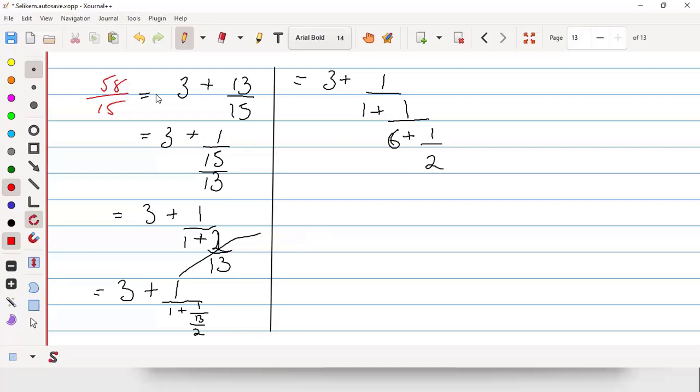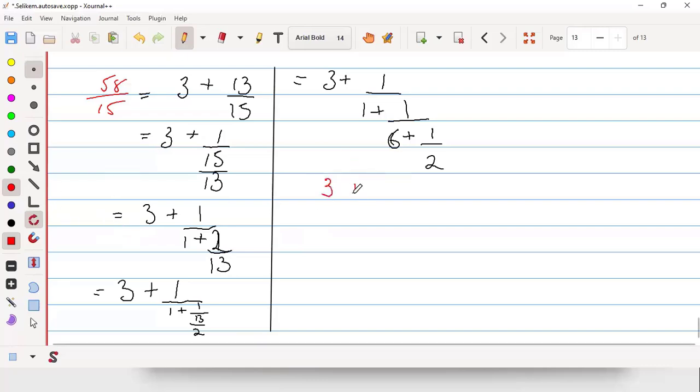We good? Yes, I'm done. Okay, so this was 3 plus 1 over 1 plus 1 over 6 plus 1 over 2. So you can clear your annotations.